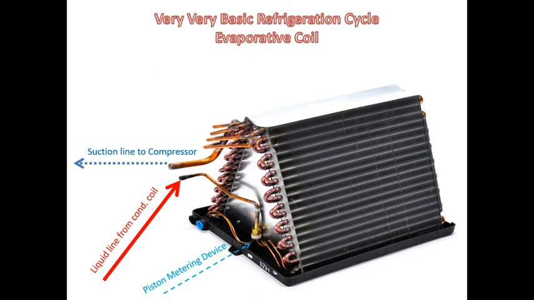It goes in the bottom as a liquid, partial gas, and as it raises up, runs through the coil, the heat in the air changes it and actually boils off the liquid into a gas, and then comes out the top manifold into the suction line towards the compressor.